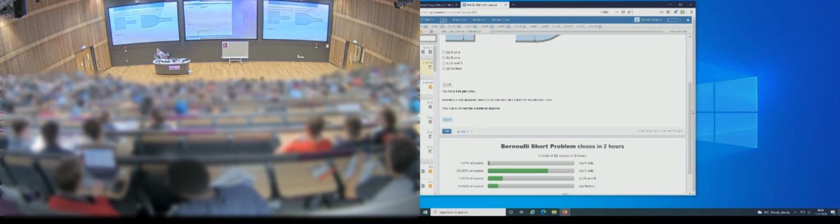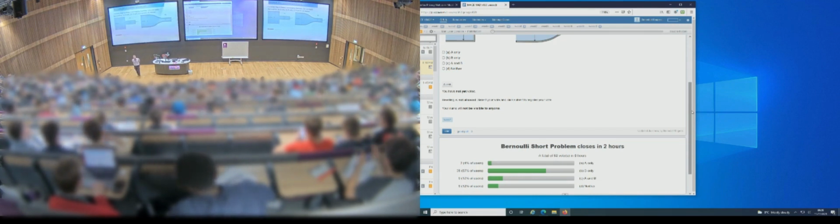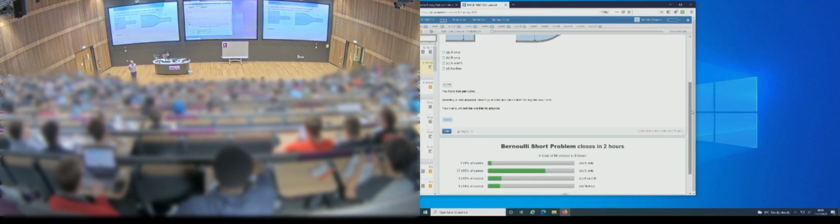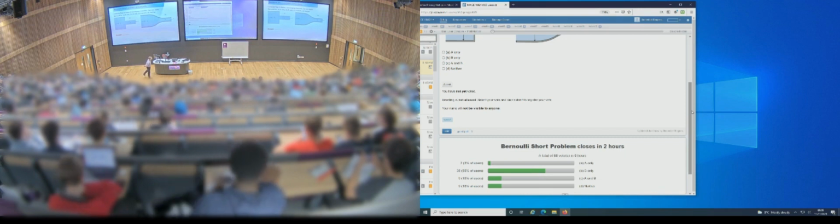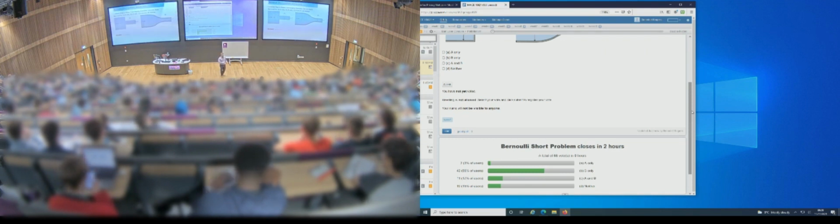Okay, so some of you think you can apply it to neither of it, which means that that Bernoulli equation we've just been deriving is useless. Okay, some of you think, well, actually I can apply it to both, but most of you think you can apply it to just the right-hand example. So that's this case with the slowly varying geometry.